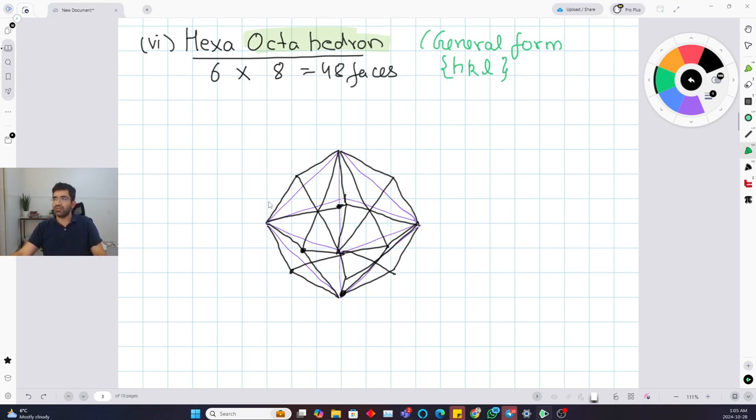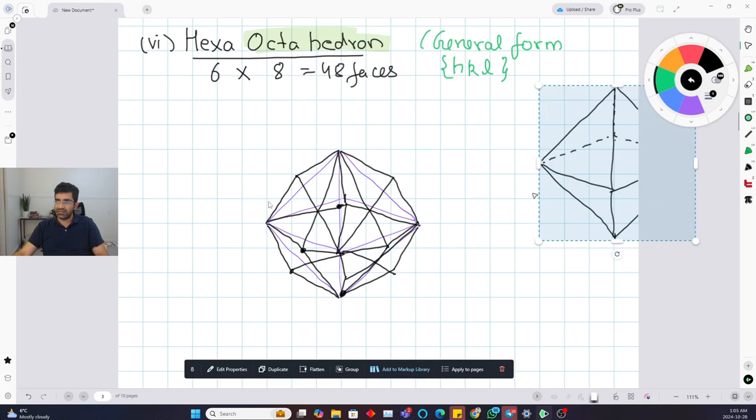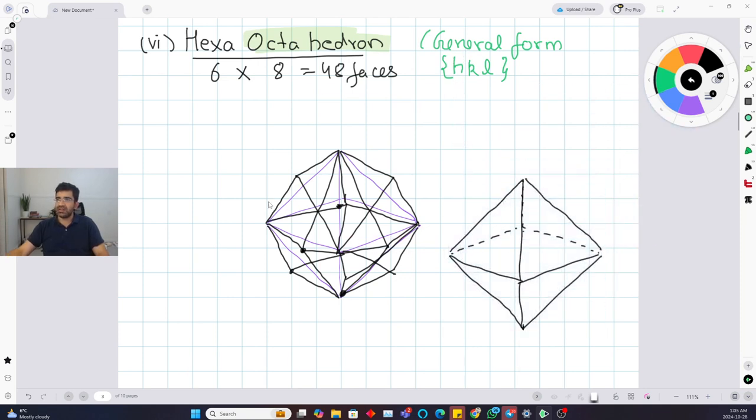Even if you could draw just an octahedron, what we had over here, and even if you draw simply that you are dividing each face into 6 faces. Okay, if you find it difficult to draw this one, even if you can show simply like this, each face is divided into 6 faces.